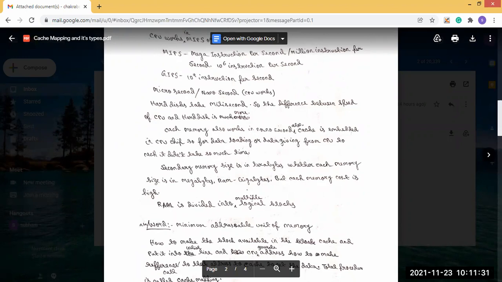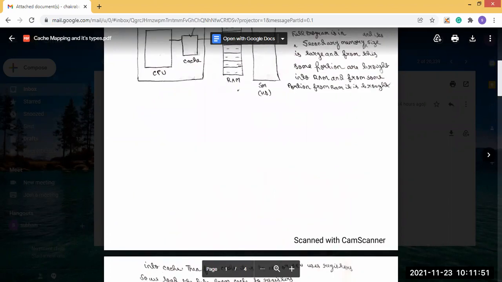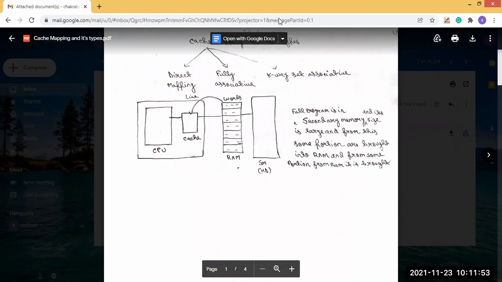Now, basically, in the RAM or memory we have seen, the RAM is divided into multiple logical blocks. We use multiple blocks in RAM.